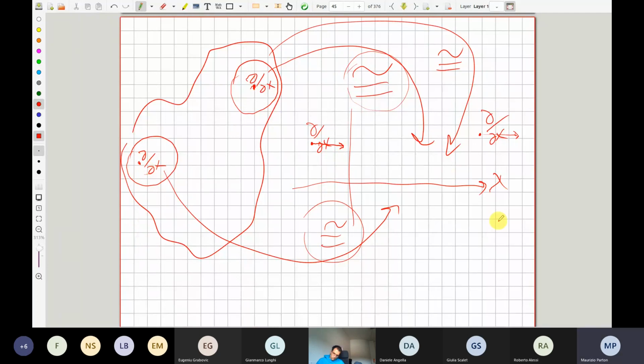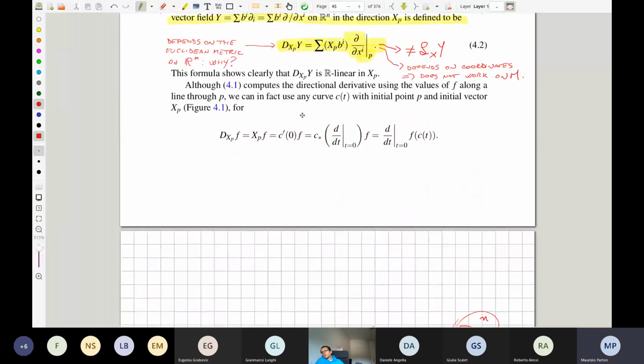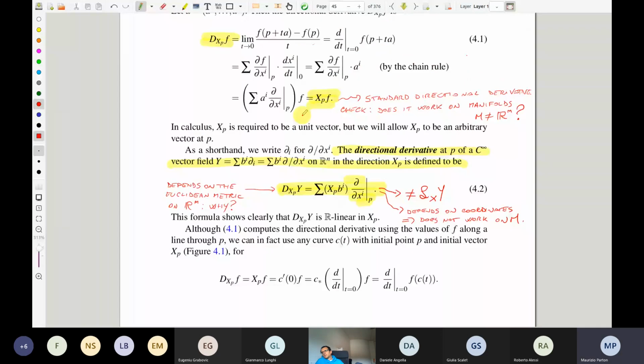That doesn't make sense. So you see, saying that this is the same as this in Rn is just because Rn is a manifold with just one chart. Everything is global. So this means that this kind of directional derivatives cannot be done on general abstract manifolds.